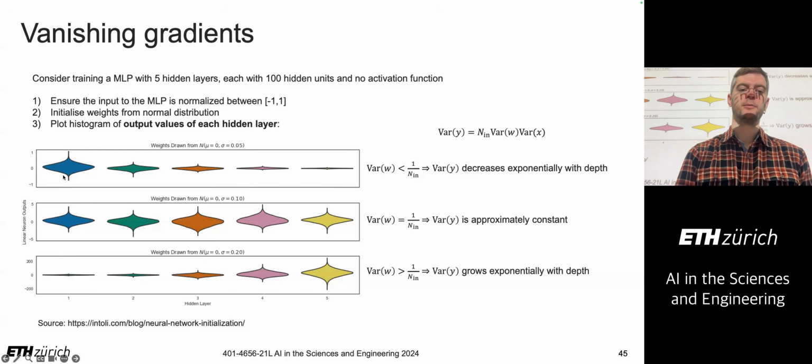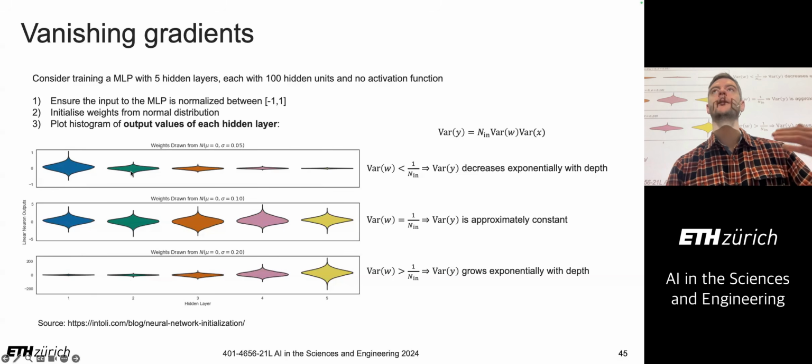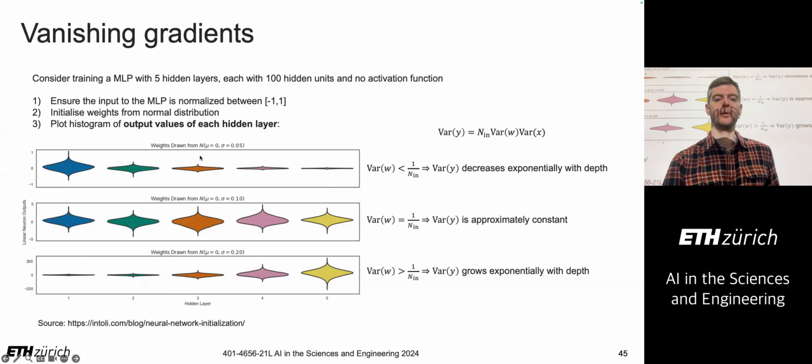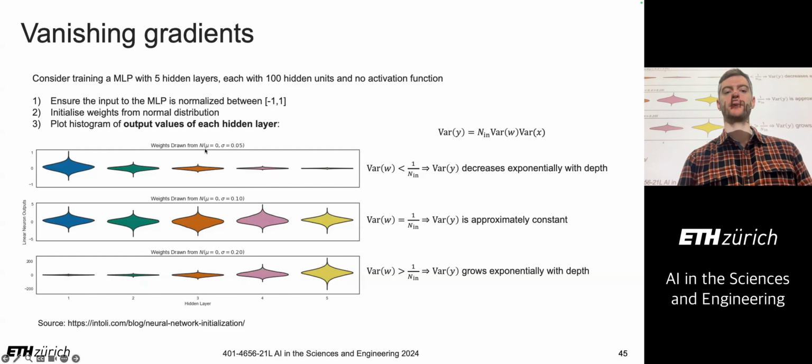So we're going to assume that the input to the network starts with a range of values between approximately -1 and 1. And then as we pass the vector through the network, that range of values decreases or increases. What we're plotting here are 3 different networks. The first network has the weight values drawn from a normal distribution with a mean of 0 and a standard deviation of 0.05.